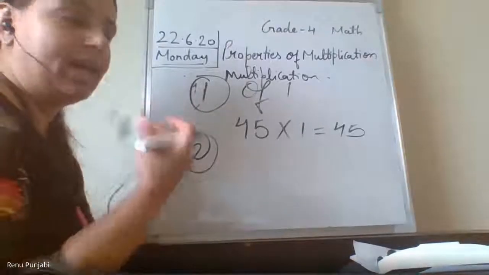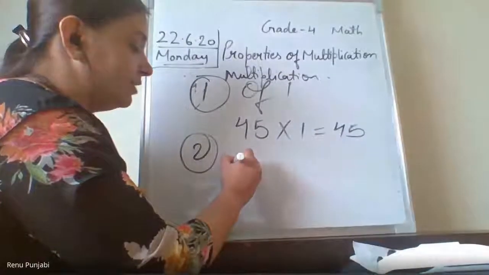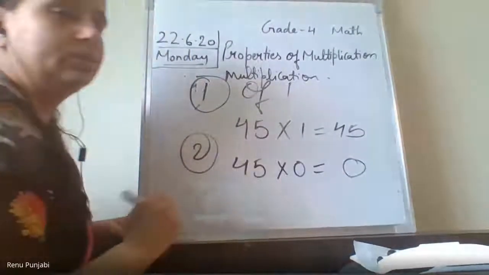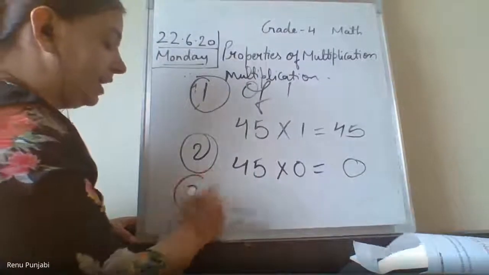Third property we have done is the order property.